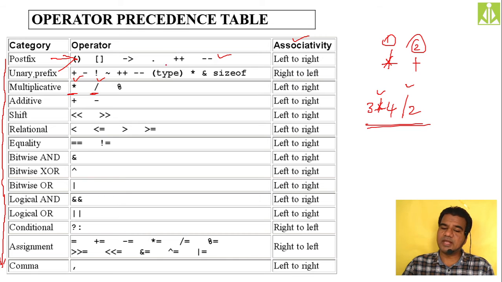If you are getting multiplication and division from the same precedence level, then check the associativity. We have to move left to right. So this is your left and this is your right, and we move in this direction, left to right.